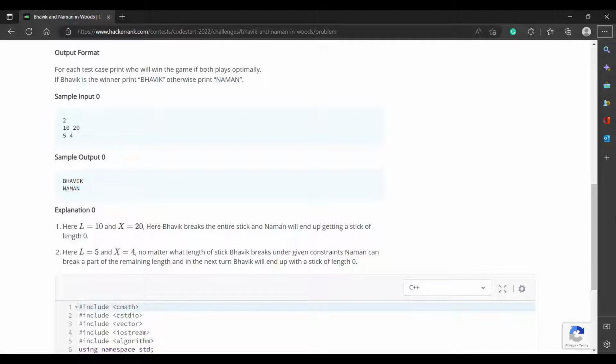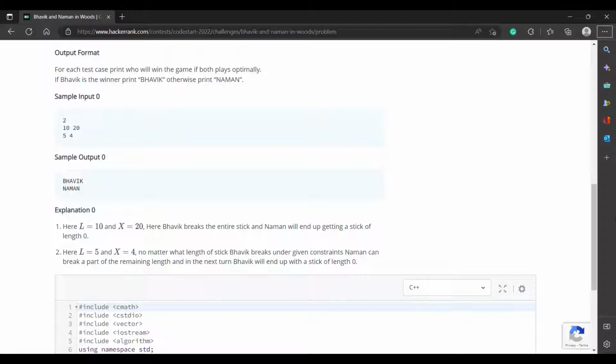Here the length of the stick is 10 and the limit that a player can break is 20. So Bhavik can break the entire stick in one go and Naman will end up getting a stick of length 0. So he cannot break anything and hence Bhavik will be the winner.